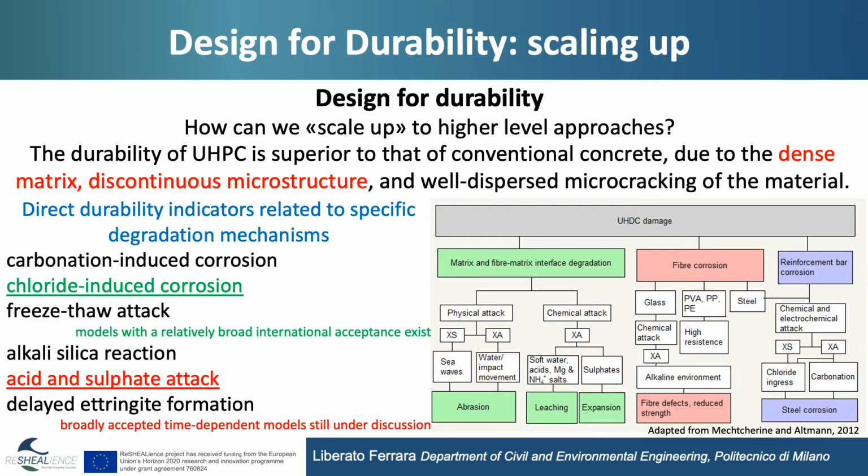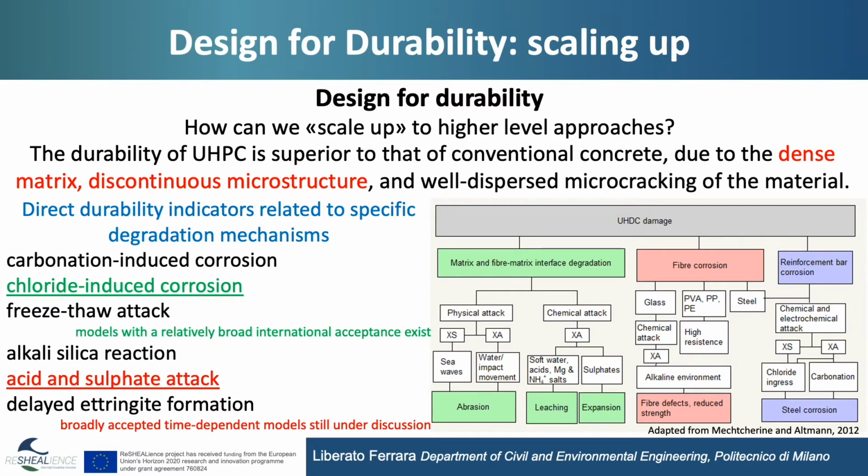And this can be due to chloride-induced corrosion, carbonation-induced corrosion, freeze and thaw attacks, alkali-silica reaction, acid and sulfate attack, delayed ettringite formation. These degradation mechanisms are the ones that are currently listed in FIB Model Code 2010.